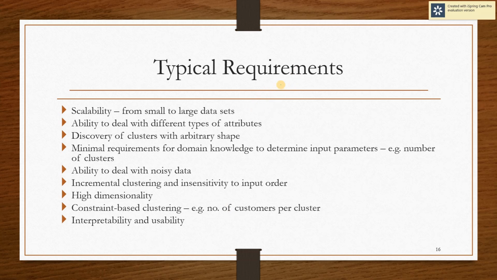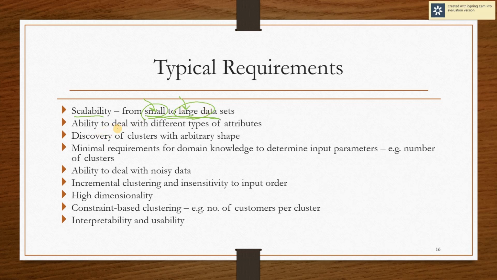These are the typical requirements of getting good clusters. One is scalability, meaning that you can do it on a small to large data set. All of the cluster methods work on a small data set and also a large data set. When applied to small, it can be good. When used on a large data set, it can be good as well.